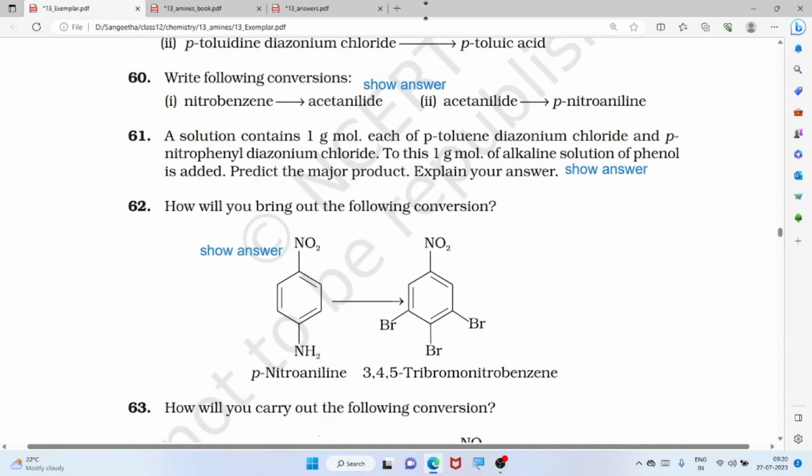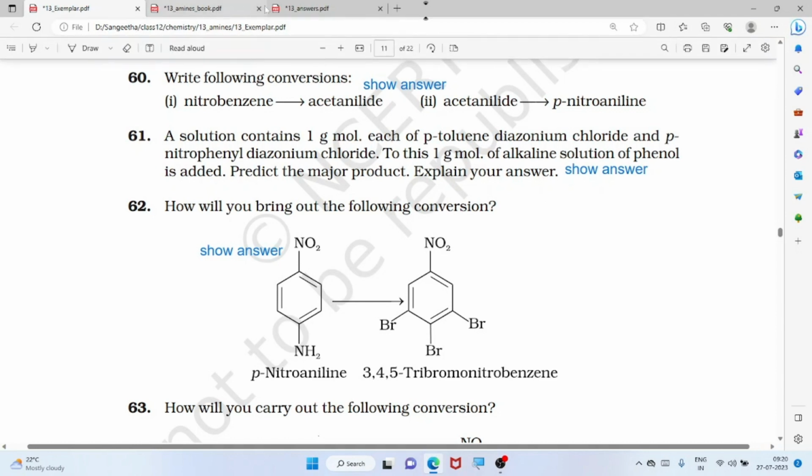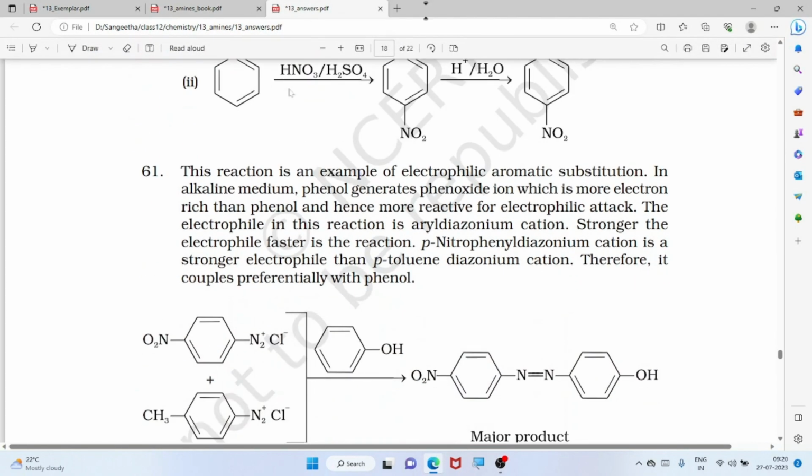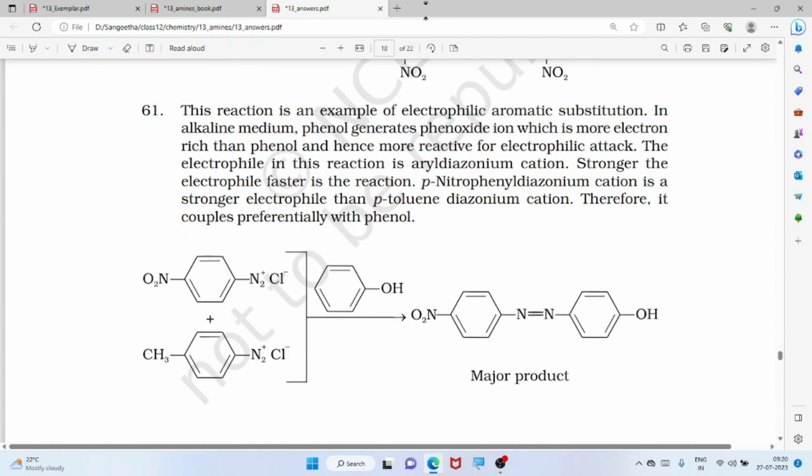A solution contains 1 gram mole of each of the p-toluene diazonium chloride and p-nitrophenyl diazonium chloride. To this, 1 gram mole of the alkaline solution of the phenol is added. Predict the major product. Azo coupling is an example of electrophilic aromatic substitution in alkaline medium.